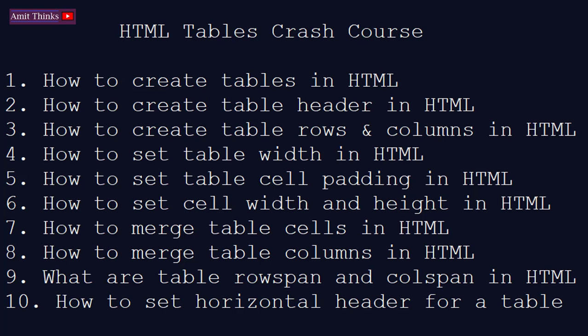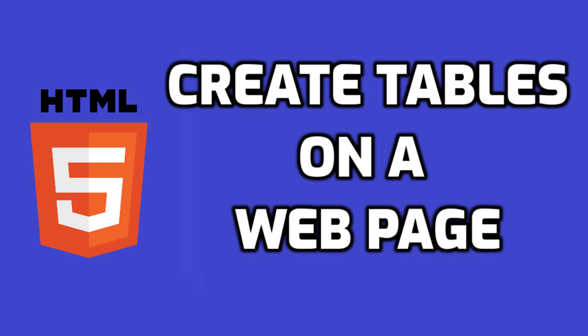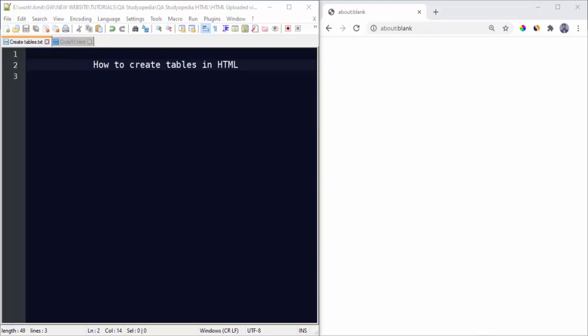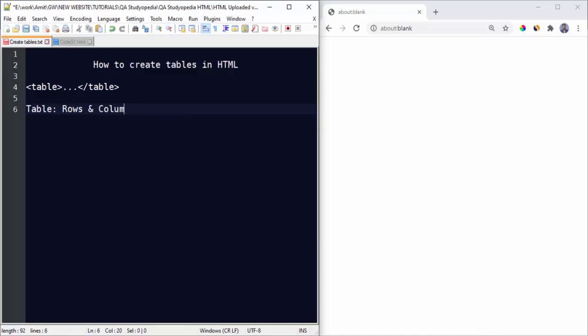So let's begin with our guide. In this video, we will see how we can easily create tables in HTML, that is, how to create tables on an HTML web page. For that, HTML has the table tag. A table is all about rows and columns, and you also need to set a heading.